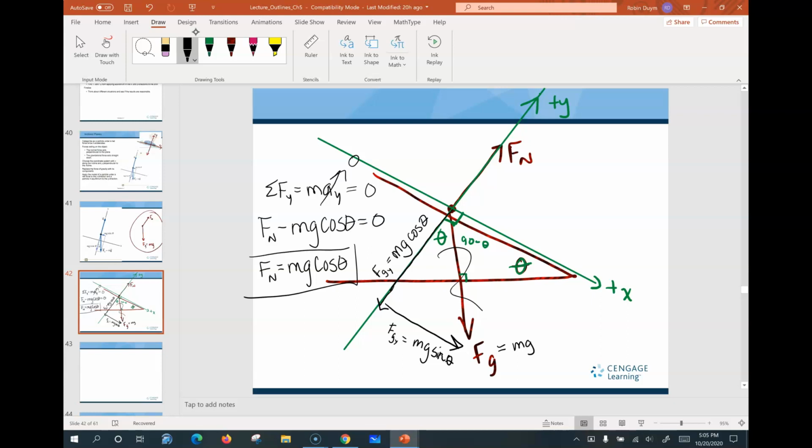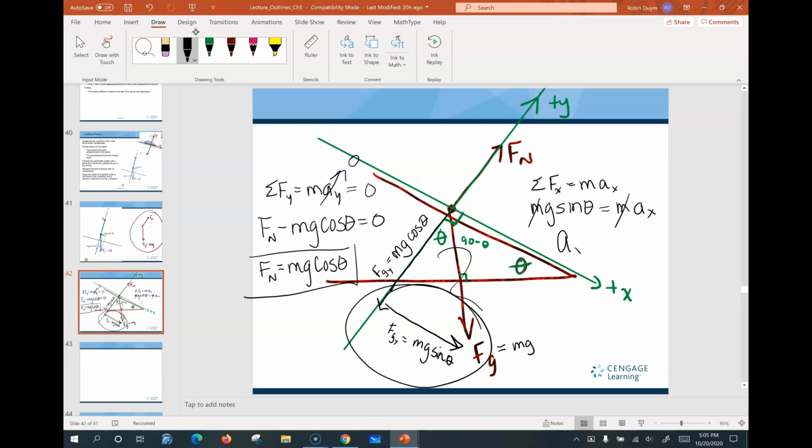Okay. Over here in the x direction, we have the sum of all the forces in the x equal to m times the acceleration in the x direction. In this case, it does accelerate down the ramp. There's no friction, so really the only force in the x direction will be mg sine theta is equal to m a_x. These masses cancel out.